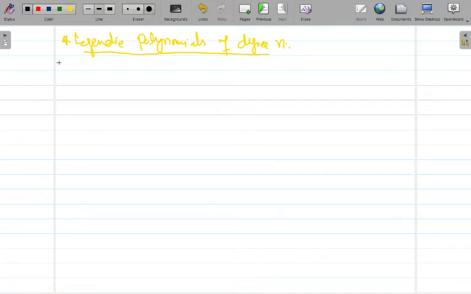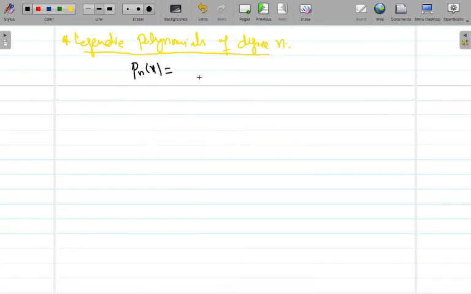We have already discussed that the Legendre polynomials are the solution of Legendre differential equations for a non-negative integral value of n, called Legendre polynomials of degree n, and these polynomials are denoted by Pn and can be defined generally.